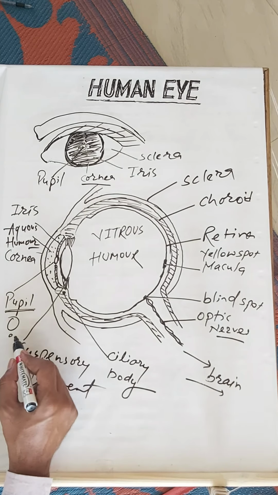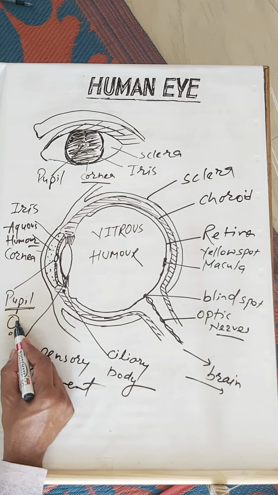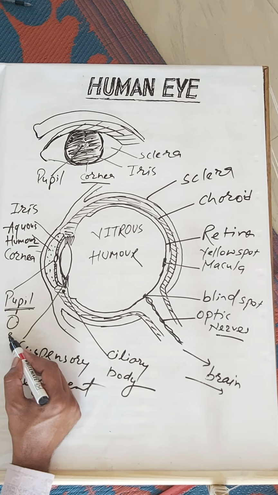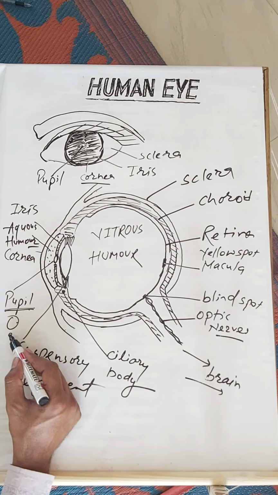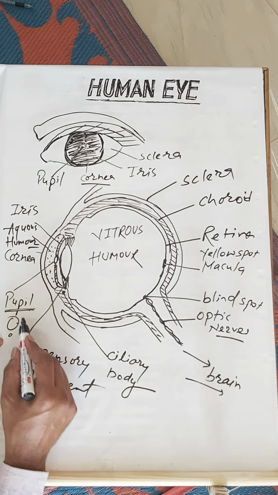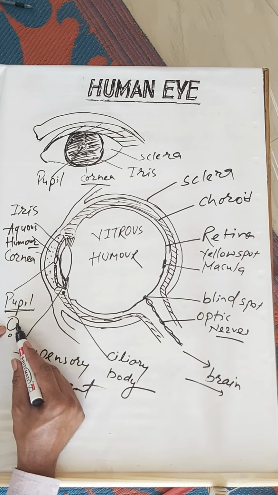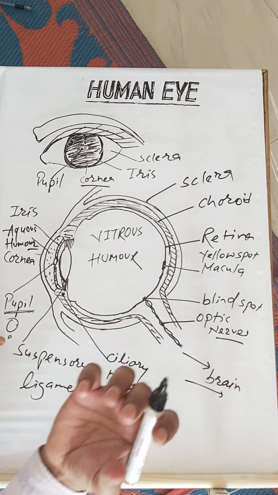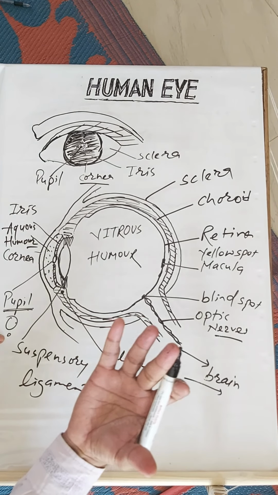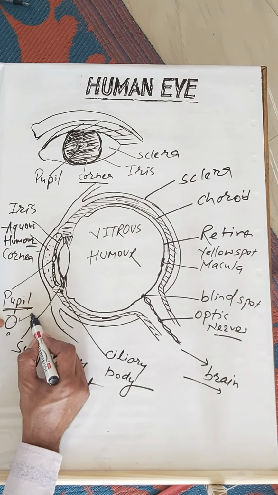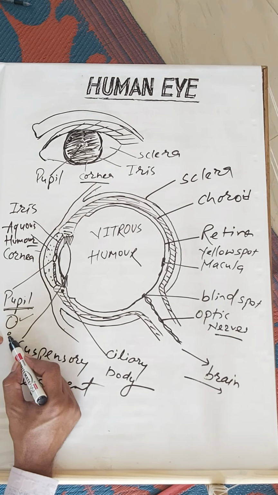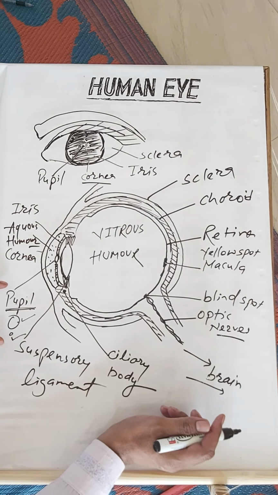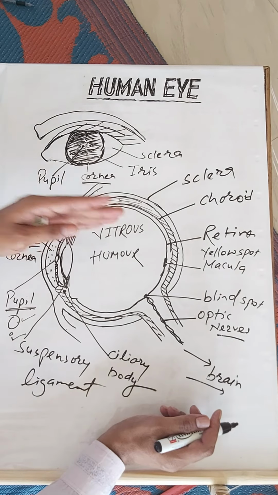When we are in dark room, the size of pupil increases to receive more light, and when we come out from the dark room, the size of pupil decreases to control the light. Again I am telling you, in dim light it increases and in bright light it decreases. Okay, in this way pupil control the amount of light, how much amount of light let to enter the eye.